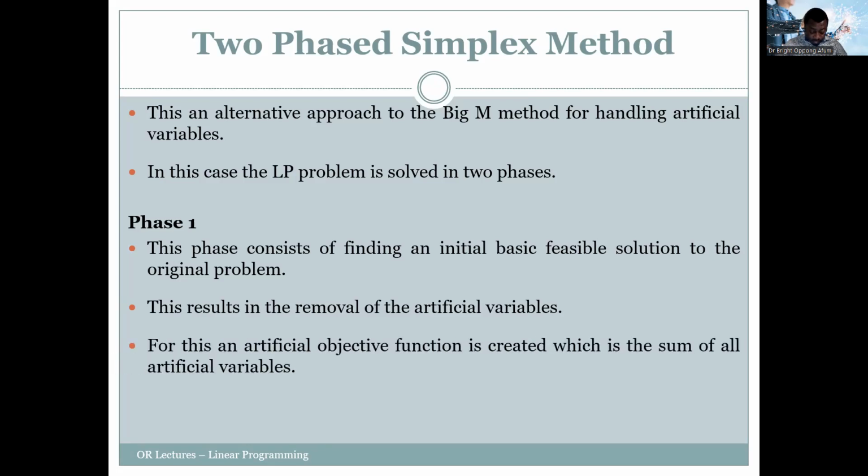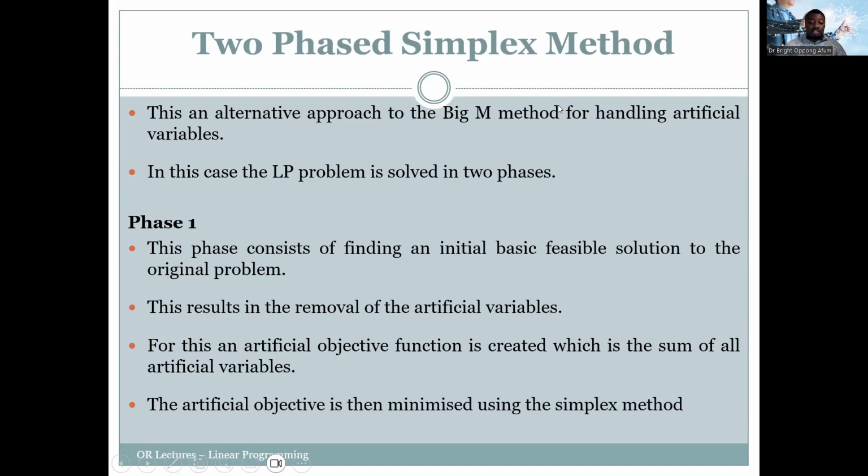For this, an artificial objective function will be created, which is the sum of all the artificial variables. Then the objective function is minimized using the simplex method. So we still minimize it, using the simplex method to solve, that is, the tableau.